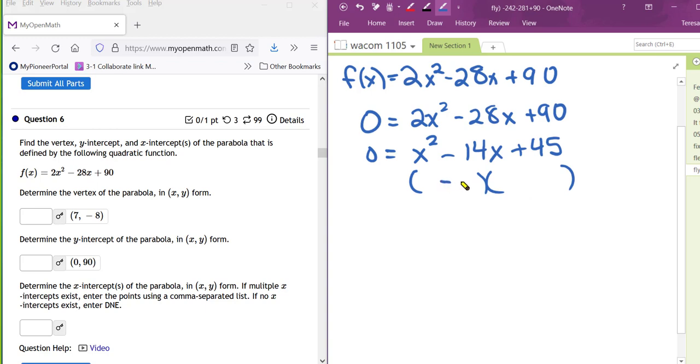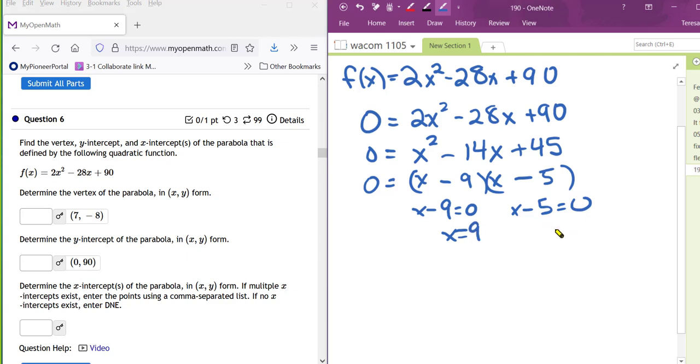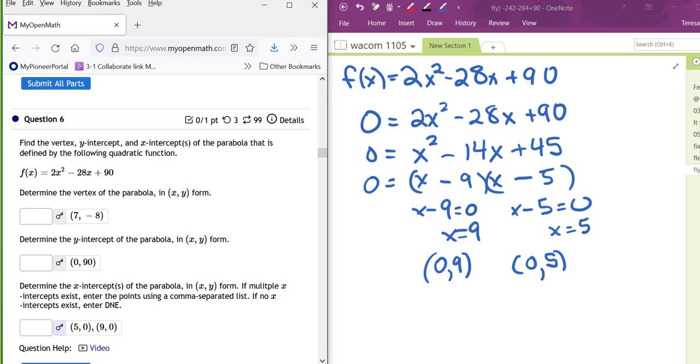So like signs, both minus. And we can use 9 and 5. Then you set each one of these equal to 0. Add your 9, and here add your 5. So we're going to have 2 places where it will cross the x-axis, at 9, 0 and at 5, 0.